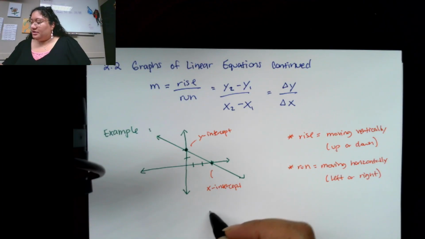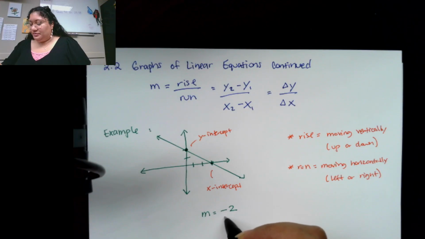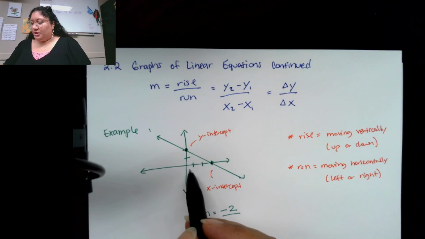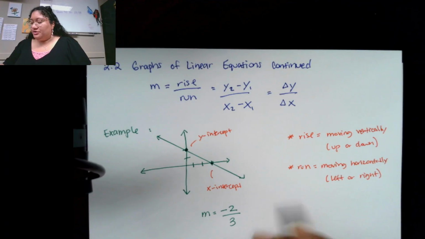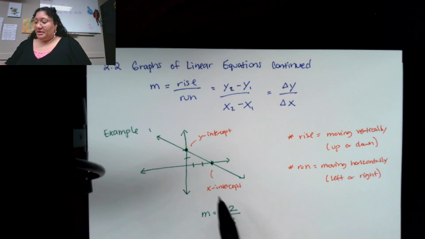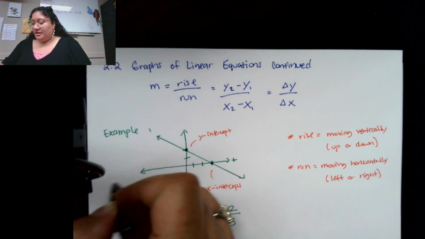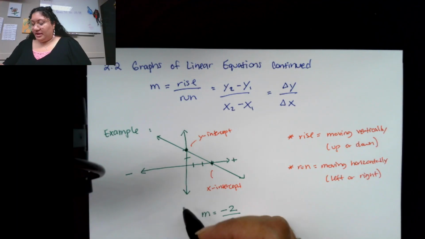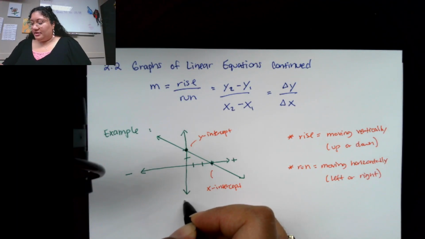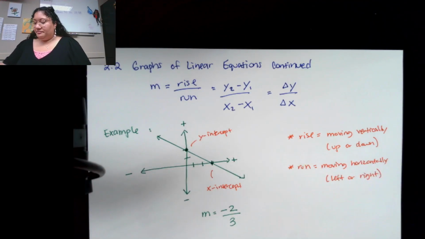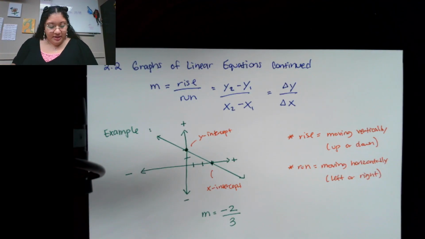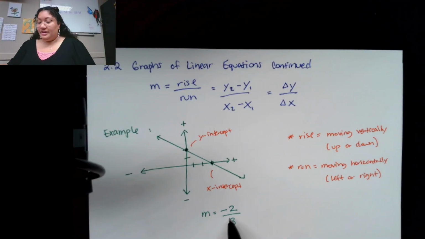So I went down 2, and I went 1, 2, 3, 3 to the right. And because to the right is positive, remember this is the positive side, this is the negative side. For the y line, this is the negative side, this is the positive side. Sorry guys. Then my slope is negative 2 over 3.